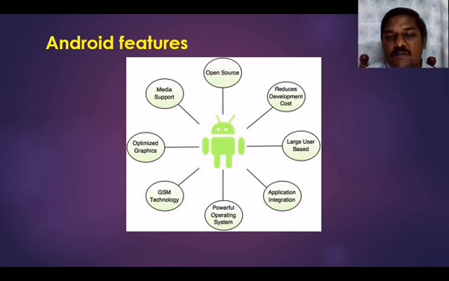Then the other features are reduced development cost. See, since it is open source software, any user can create ready applications with the help of this Android operating system. So it reduces the development cost of various applications which are ready to execute in the Android OS.